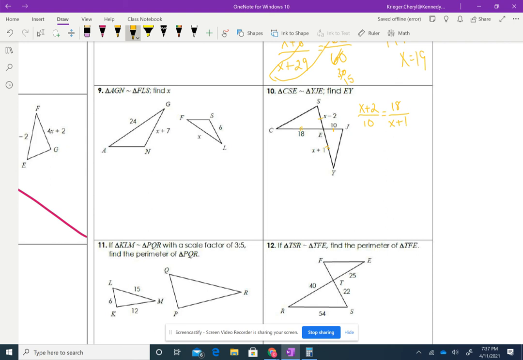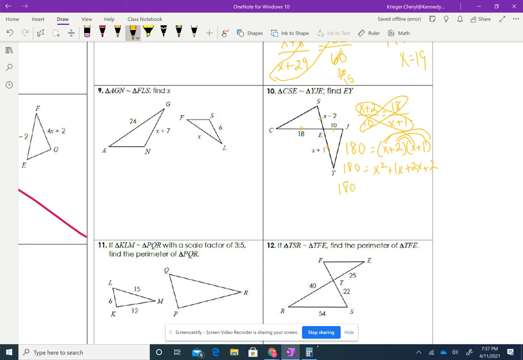Oh, well, this stinks. Whatever, it's okay. We can do it. We cross multiply, right? And 18 times 10 is 180. And then we're going to have to do x plus 2 times x plus 1. And 180 equals x squared plus 1x plus 2x plus 2.